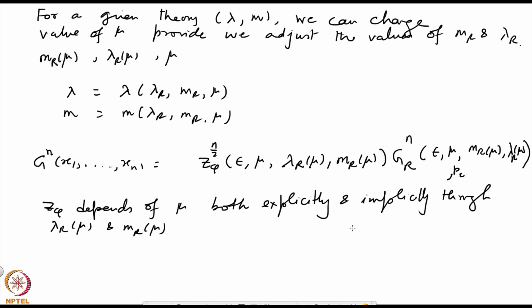So this renormalization constant Z will in general depend explicitly also on mu, because you are subtracting some finite parts.